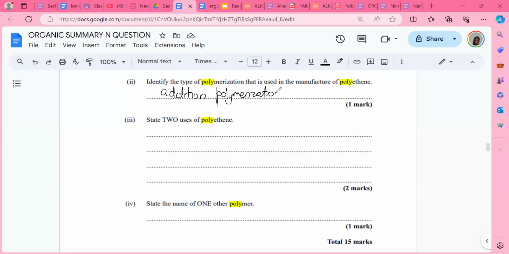To make plastic bags and plastic bottles. And packaging for food, and cling wrap.